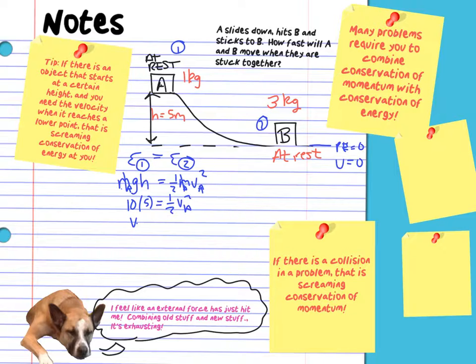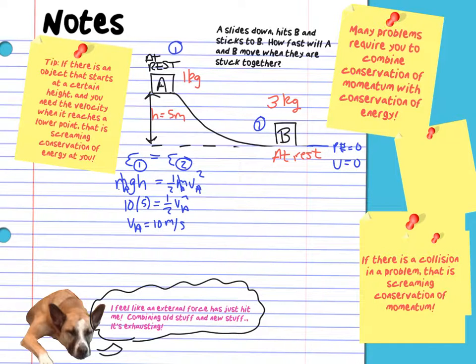So if we do the math, and I'm going to abbreviate things here, our velocity is going to end up being 10 meters per second. All right, so the velocity of A right before it hits B is going to be 10 meters per second.